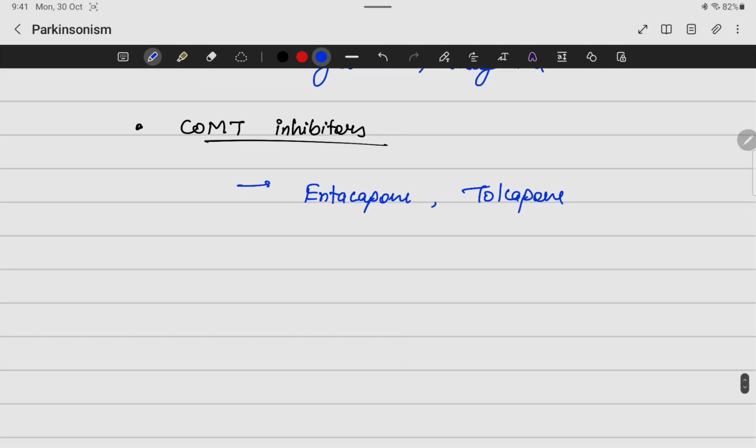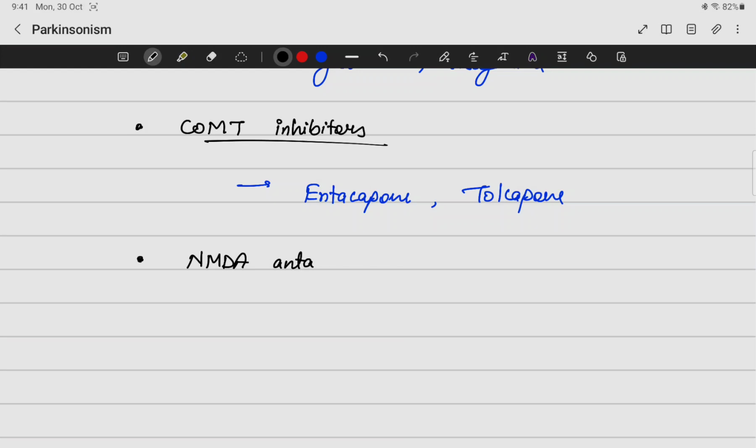Right? Then we have this other category of drug which is called NMDA antagonist. NMDA is a receptor of glutamate. Glutamate is an excitatory neurotransmitter which leads to increased muscle tone.